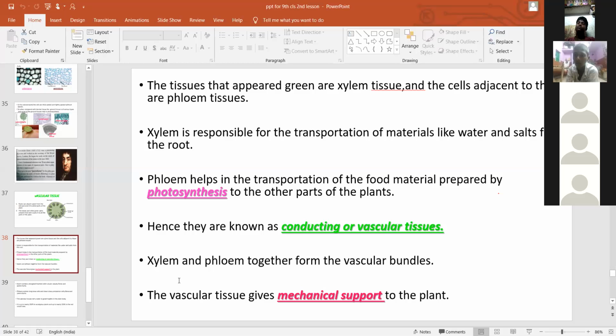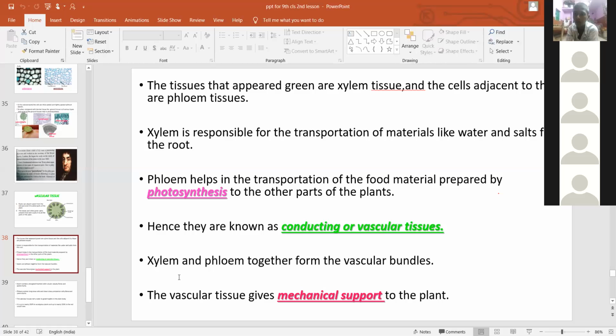The xylem is helpful for the transportation of materials like water, salts, and minerals absorbed by the roots from the soil.